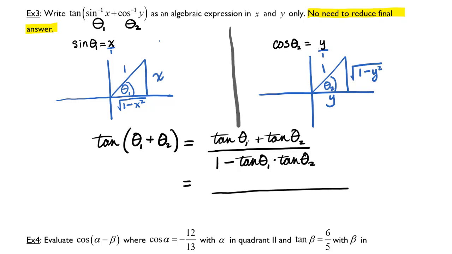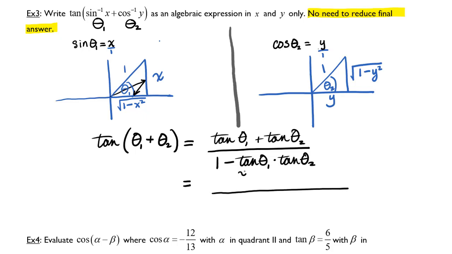Tangent of theta sub 1 is opposite over adjacent, which means I'll be taking x and then the square root of 1 minus x squared for my tangent of theta sub 1.